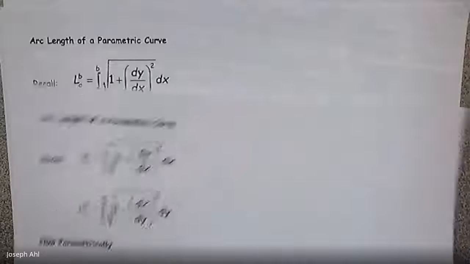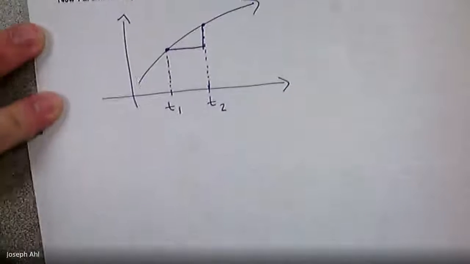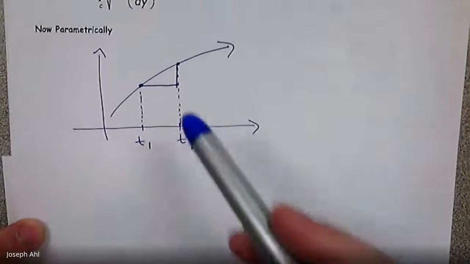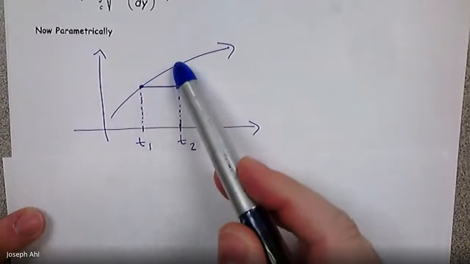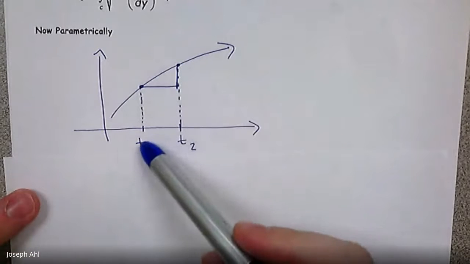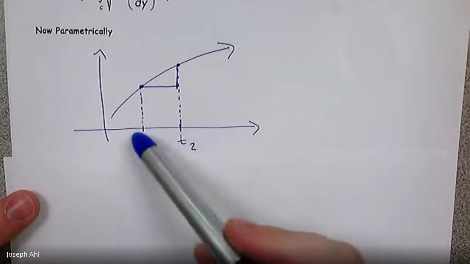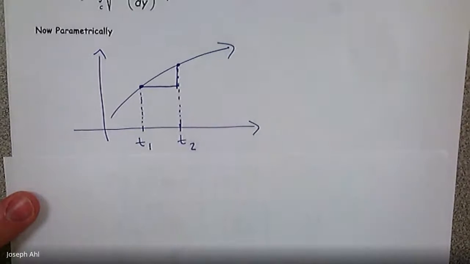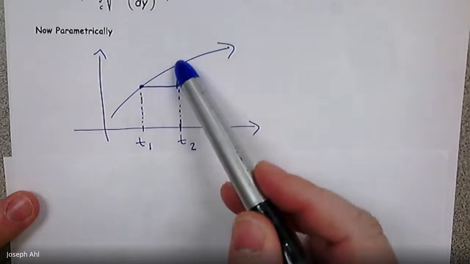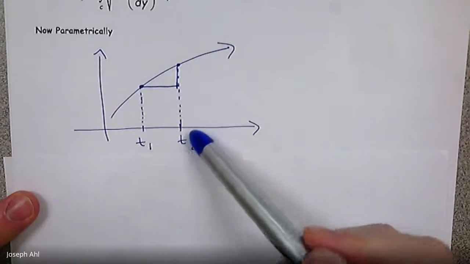But let's talk about what we have in a parametric world. Here's what we've got. If we want to find the length along this curve, where this represents time 1 and time 2, how can I create an integral that represents the length along this curve that's defined parametrically from one time to a second time?